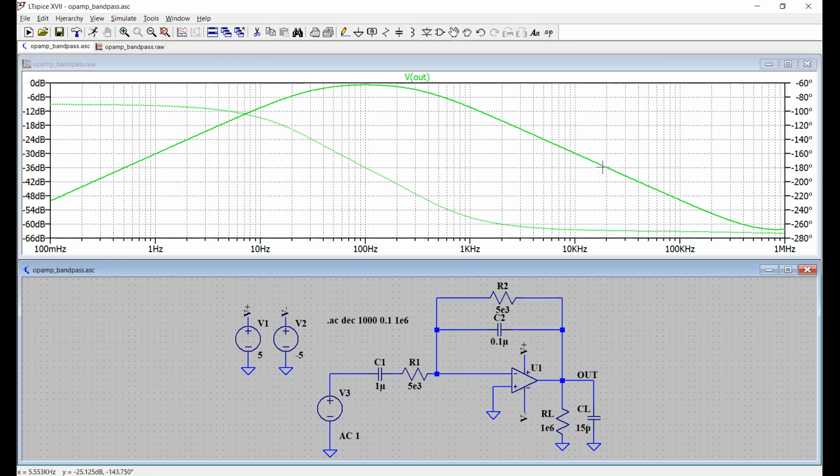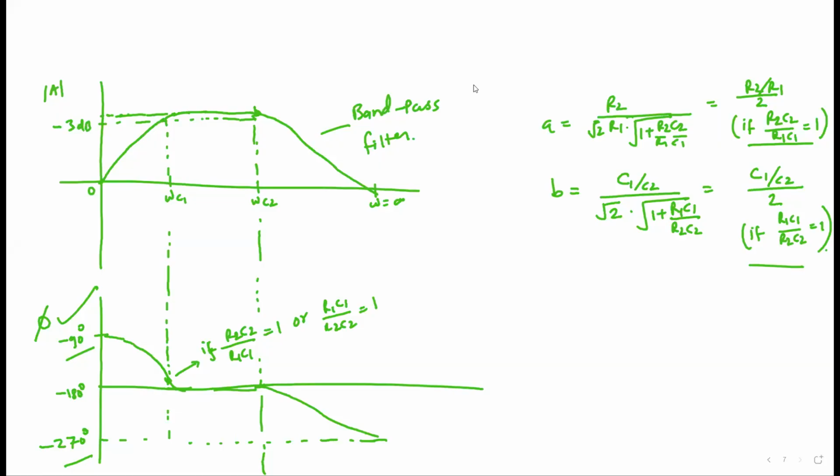We have this bandpass response right here, and the phase shift on the right side. We see that we start from this point. The total phase shift is from minus 90 to minus 270. In the theoretical analysis, we saw that the phase varies from minus 90 to minus 270 right here.